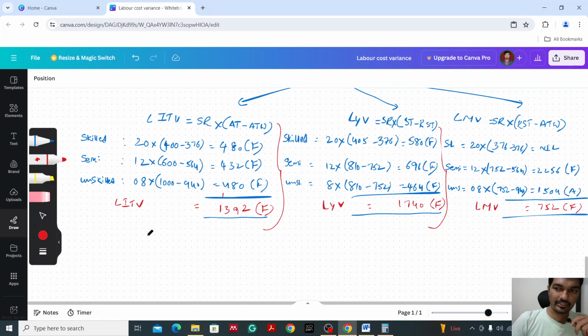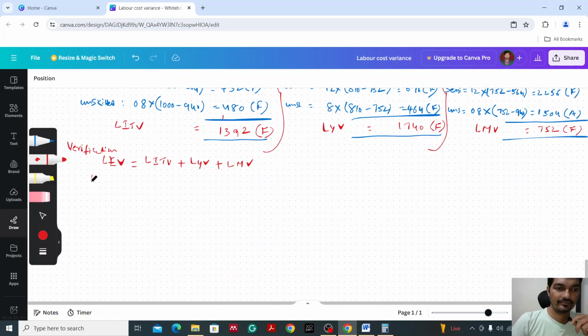Here we can simultaneously verify that labor efficiency variance is equal to labor idle time variance plus labor yield variance plus labor mix variance. This is a verification. According to the sum, labor efficiency variance is 1100 positive.